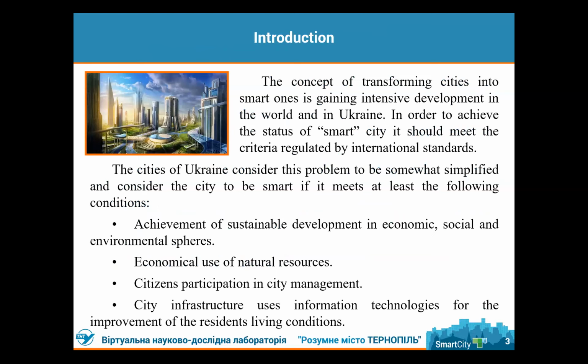The cities of Ukraine consider this problem somewhat simplified and consider the city to be smart if it meets at least the following conditions: achievement of sustainable development in economic, social, and environmental spheres, economical use of natural resources, citizens' participation in city management, and city infrastructure that uses information technologies for the improvement of the residents' living conditions.